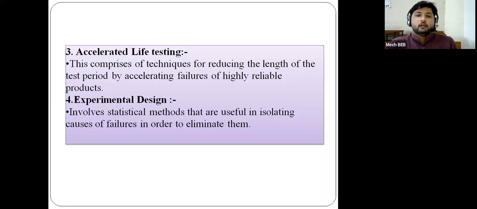Okay, then accelerated life testing. Now, what does accelerated life testing mean? Let us take the example of bearings. Bearings have their own life cycle, or we can say their lifespan, a stipulated lifespan period.